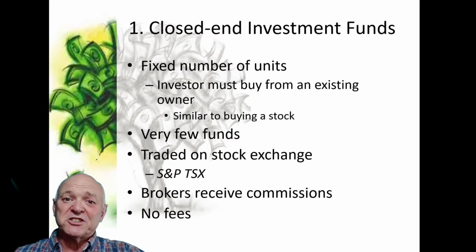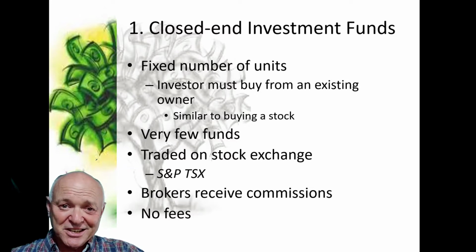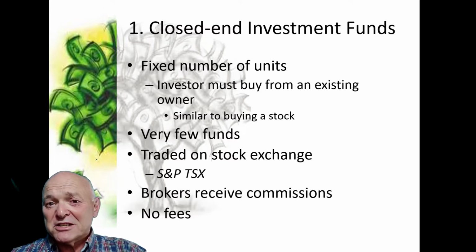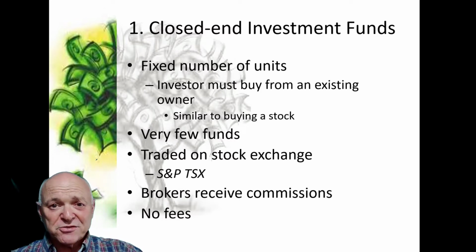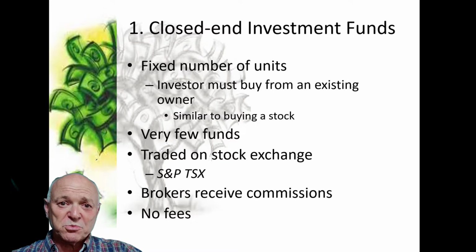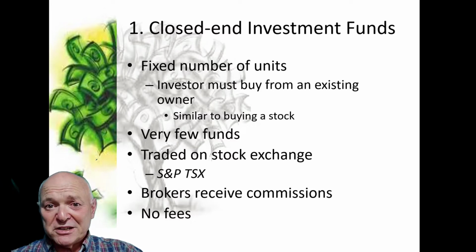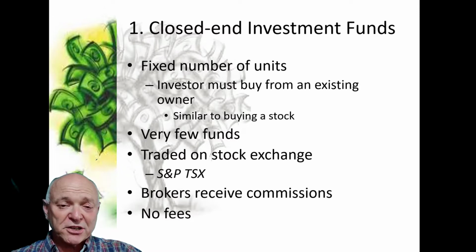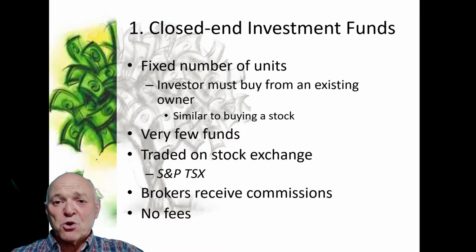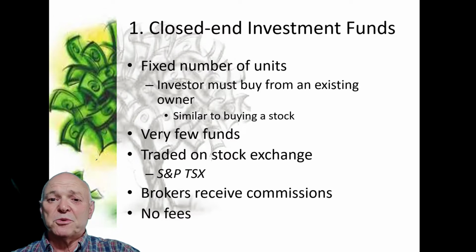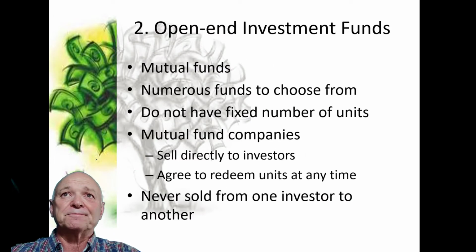Essentially, that means that the supply is going to be fixed, and when the fund is particularly well managed and is successful, the price of the units will rise. This type of fund is typically traded on a stock exchange, including the Toronto Stock Exchange. Brokers receive commissions. There are no fees that are paid to the salespeople for this.